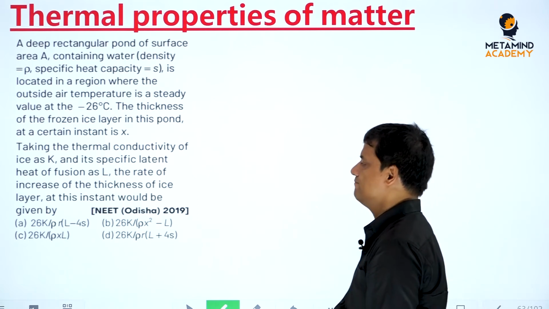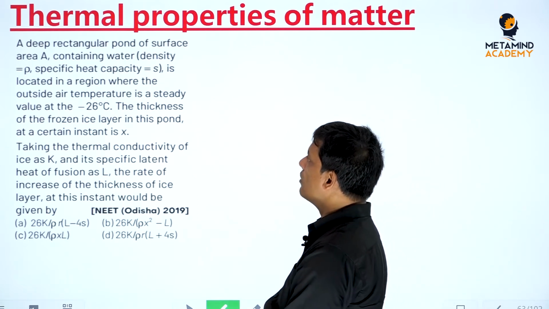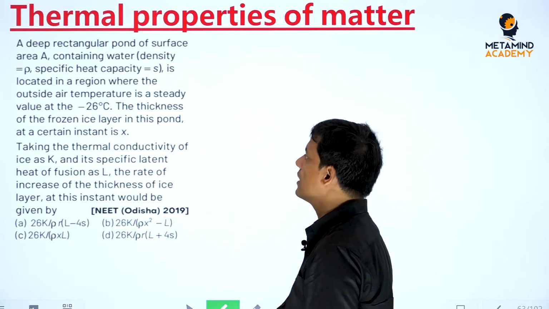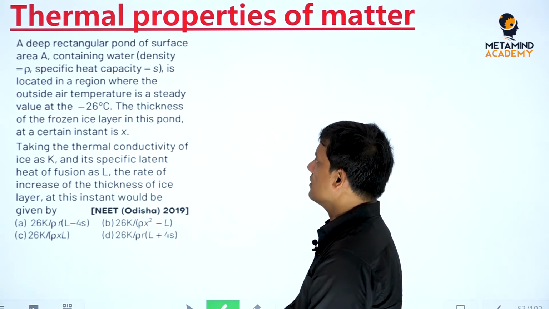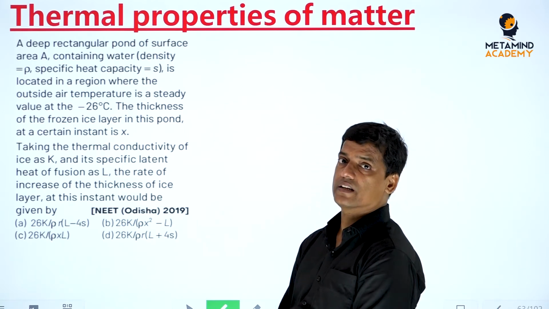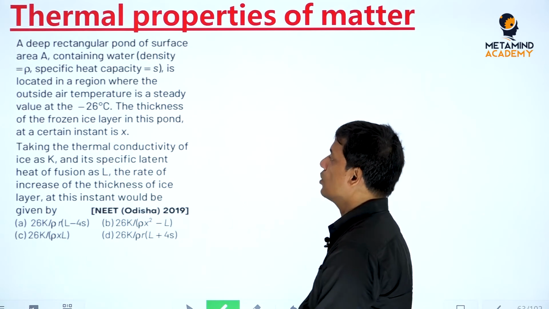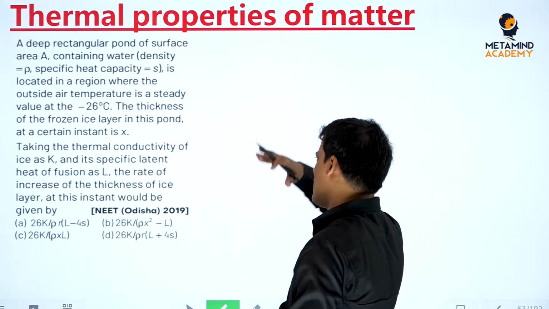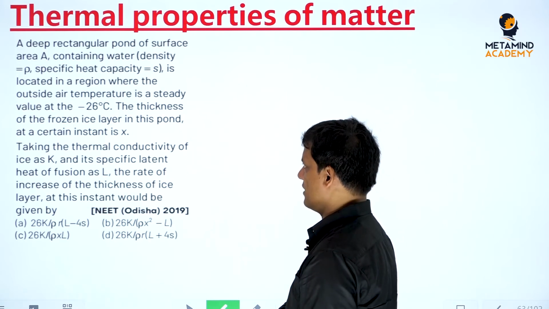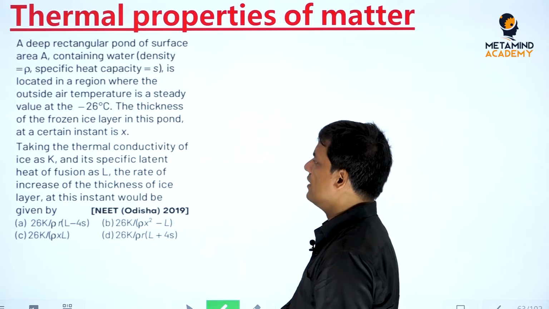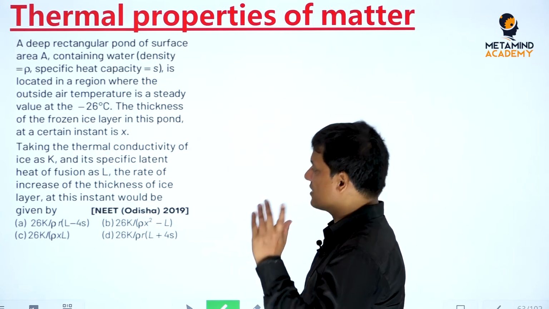Oh, a deep rectangular pond of surface area A containing water which has got a density rho and a specific heat capacity S is located in a region where the outside air temperature is a steady value of minus 26 degrees centigrade. The thickness of the frozen ice layer in this pond at a certain instant is x.